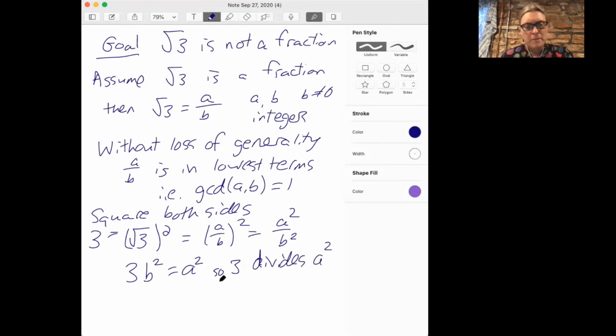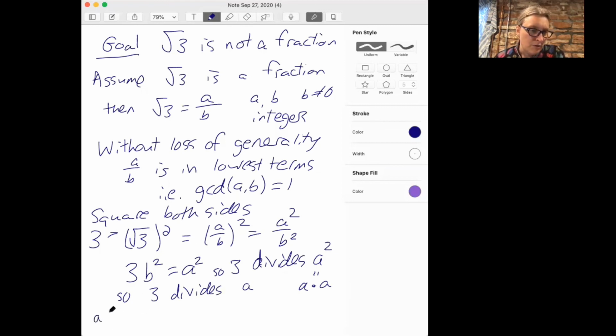And 3 is a prime number. So if a prime number divides a squared, then when you factor a squared as a times a, this 3 has to divide either the first term or the second. So we get that 3 divides a.